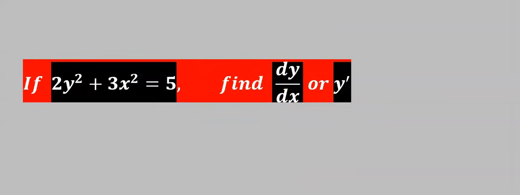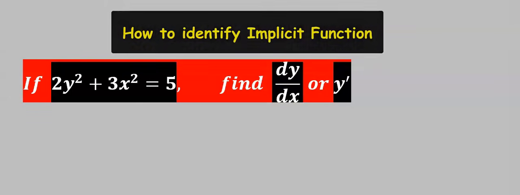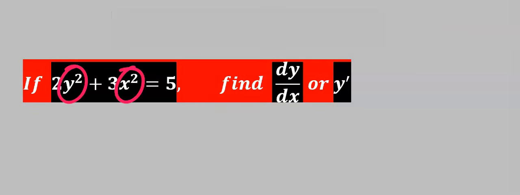For implicit differentiation, when the functions of y and x are not separated by the equal sign but are mixed together in a question, then you apply implicit differentiation, as we are going to see in this video.